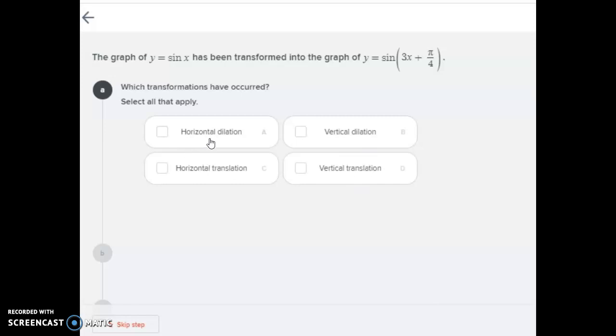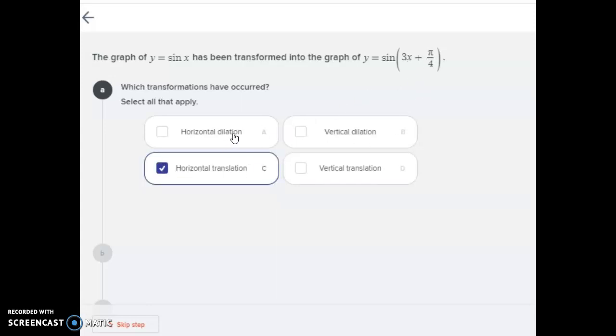So our choices here, and there could be more than one, select all that apply, is a horizontal dilation and a horizontal translation. Well, the pi over 4 isn't the phase shift, but it is related to the phase shift. So there is a horizontal translation going on.